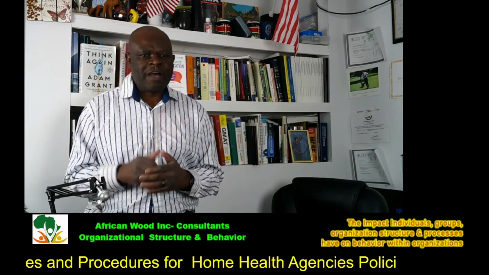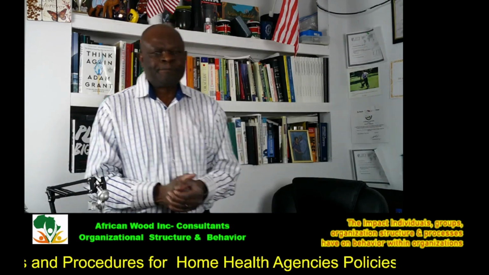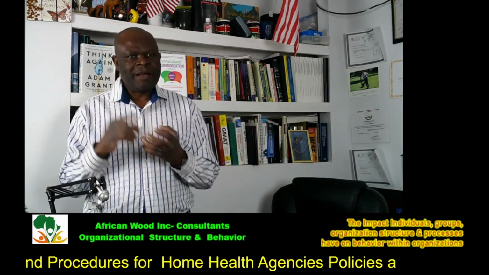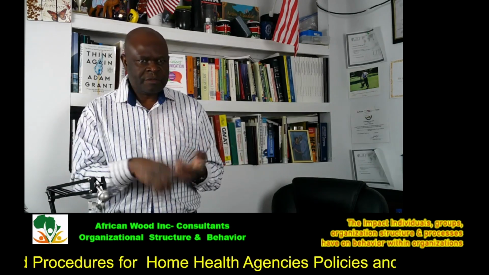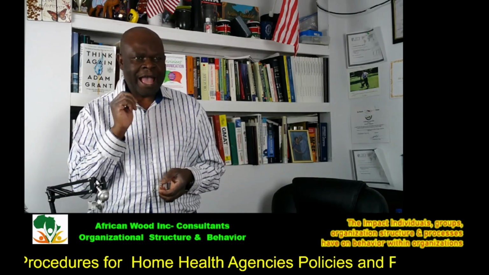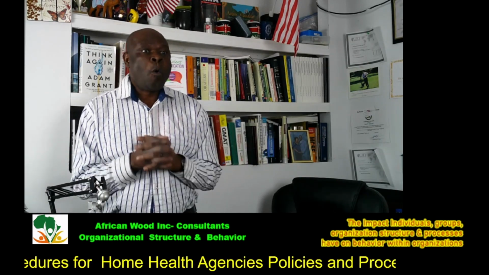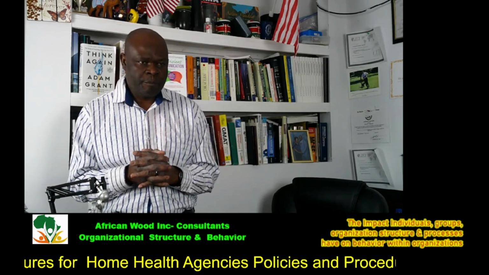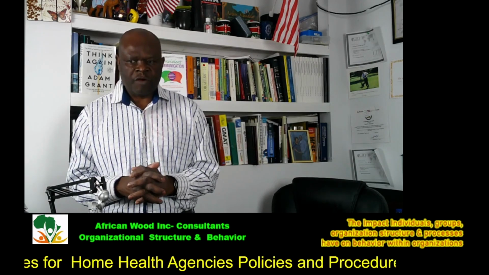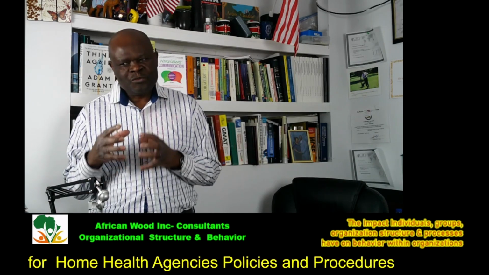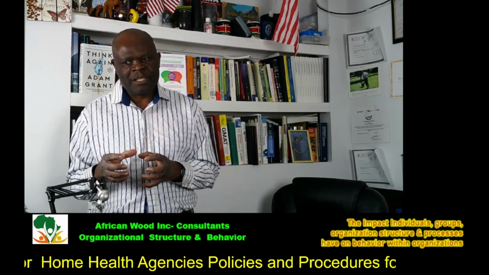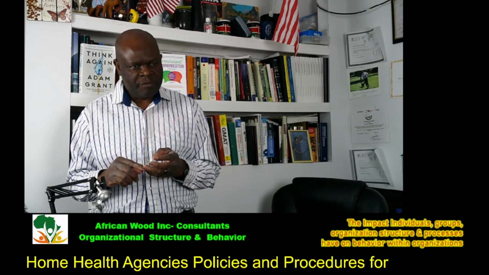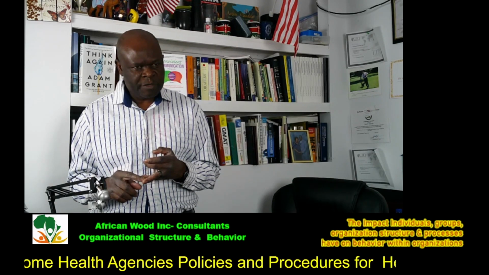So you have to define what you are going to offer. We have dealt with defining your organization, stating your mission, vision, and values, and then telling yourself and your people what services you are going to offer. That will be your third policy. The definition of your organization is the first policy.